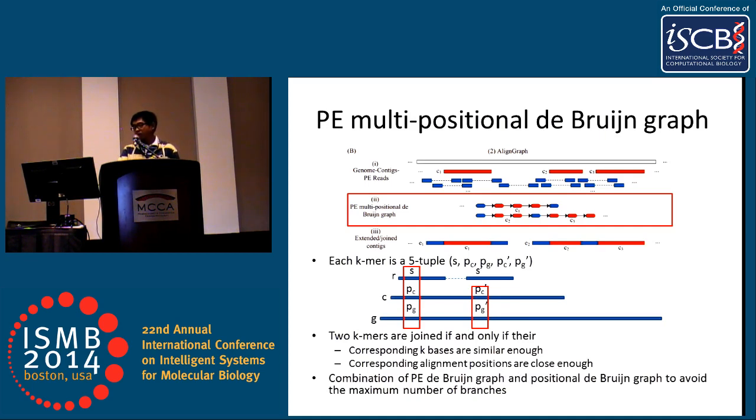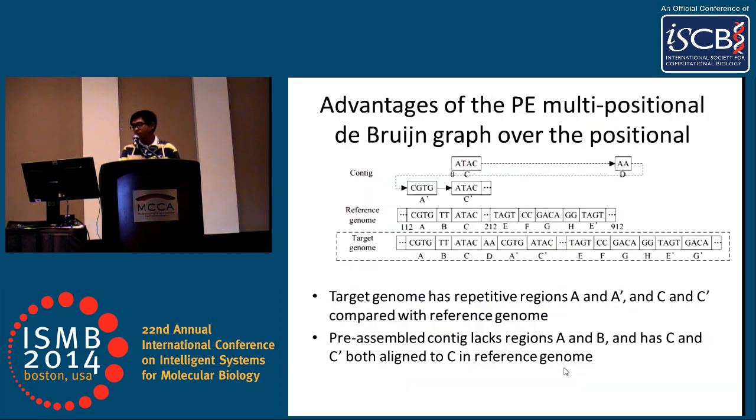So essentially, paired and multi-positional de Bruijn graph is a combination of paired de Bruijn graph and positional de Bruijn graph. Here is an example to show the advantage of paired and multi-positional de Bruijn graph over the positional de Bruijn graph. Positional de Bruijn graph was introduced in my introduction part.